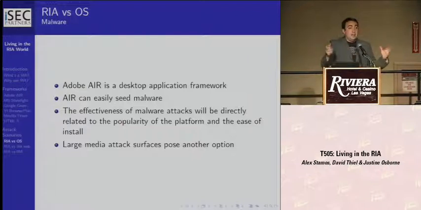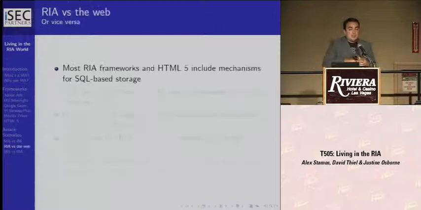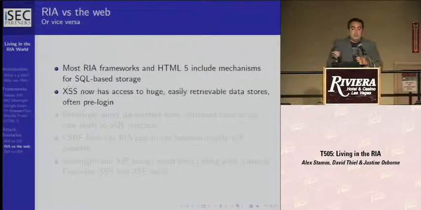And anybody who's ever read the errata on a single Oracle patch will understand how difficult it is to write something like a SQL interpreter that is secure. In the Air situation, you're talking about people using the install box and trying to trick people into installing it, having a malware issue. From a web perspective, we now have a very interesting issue where cross-site scripting pre-login becomes much more powerful, right?